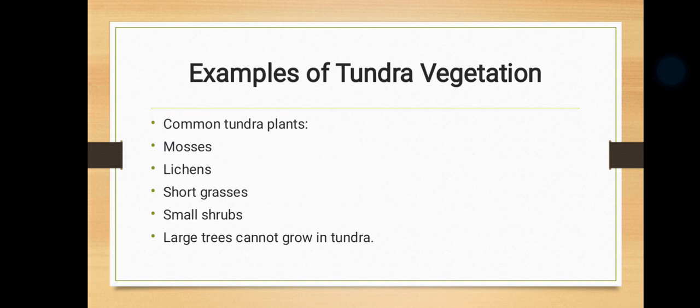Some common examples of tundra vegetation you can say are mosses, lichens, short grasses, small shrubs. Because the soil is frozen and the climate is very cold, large trees cannot grow in the tundra region.